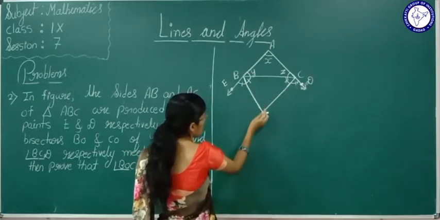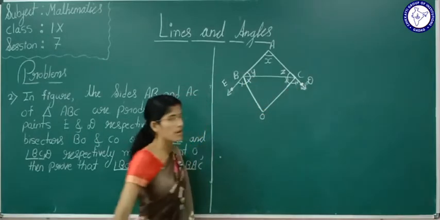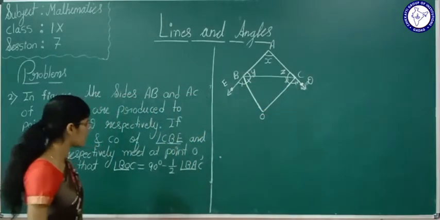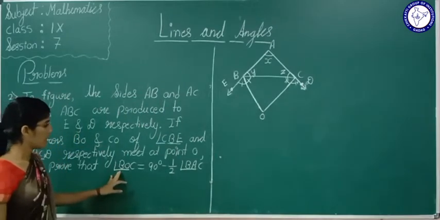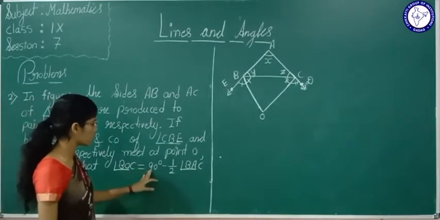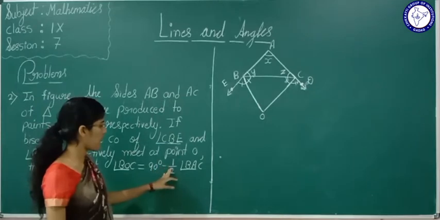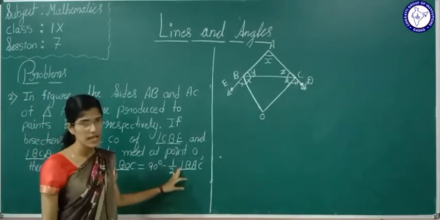These two bisectors will meet at point O. We have to prove here angle BOC is equal to 90 degree minus half of angle BAC.